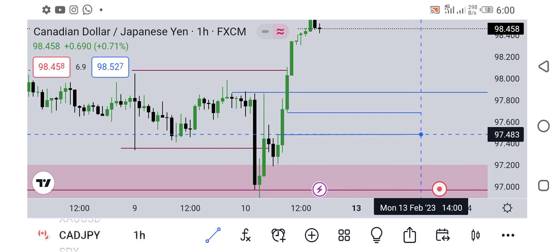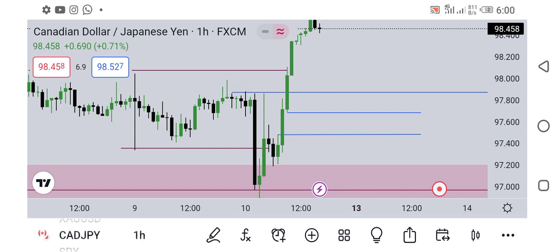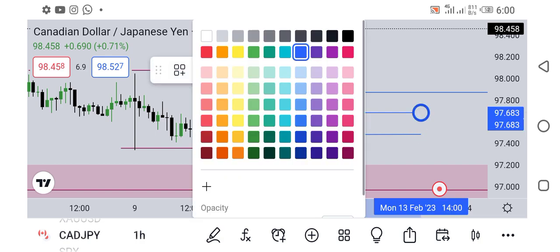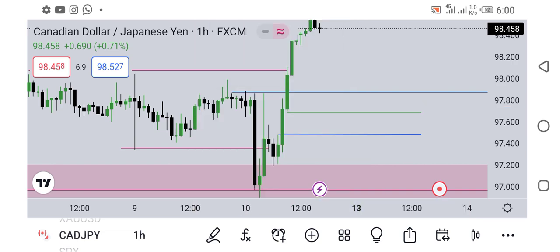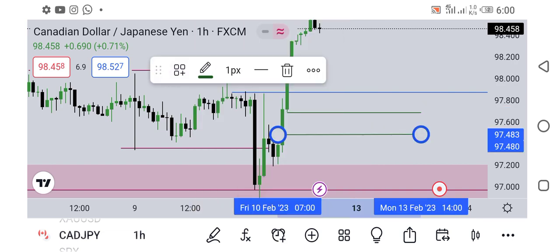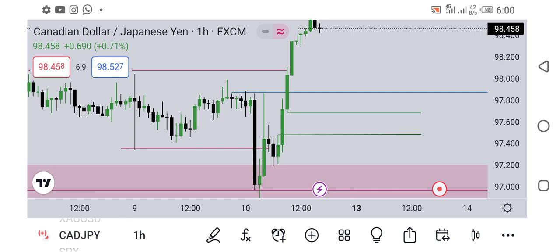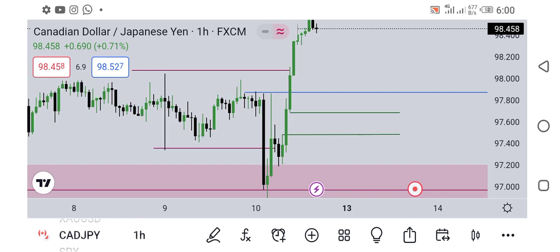So I'll basically wait, if conditions are right, to buy inside this range. So immediately price enters the blue line, I'll start to look for bullish signatures.